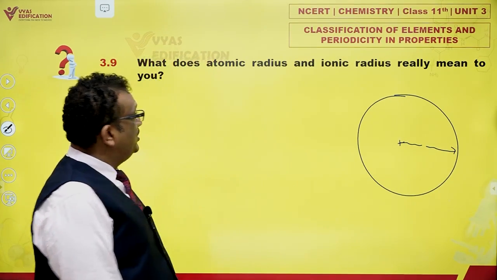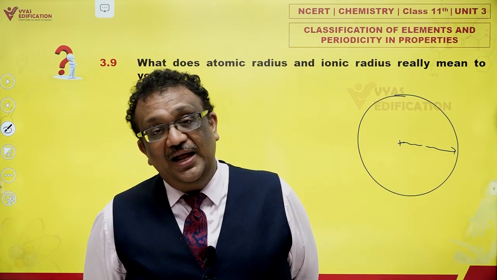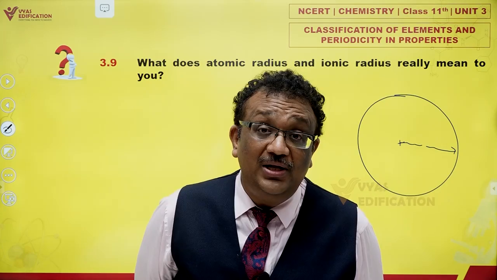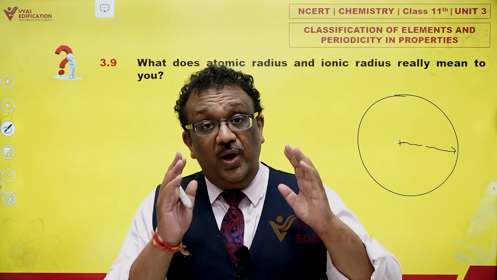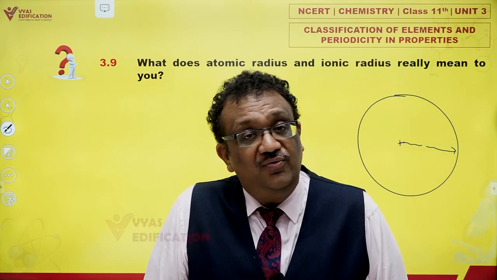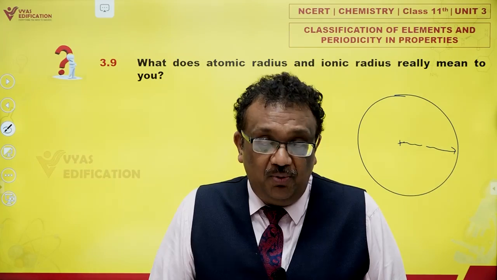Then how do we measure atomic or ionic radii? Well, the simplest way is this. Within an atom, the only thing you can figure out is the position of the nucleus. Experimentally, there is absolutely no way to determine the location of electrons. Theoretically also that seems not to be possible.